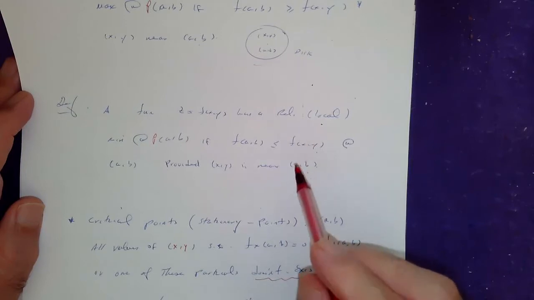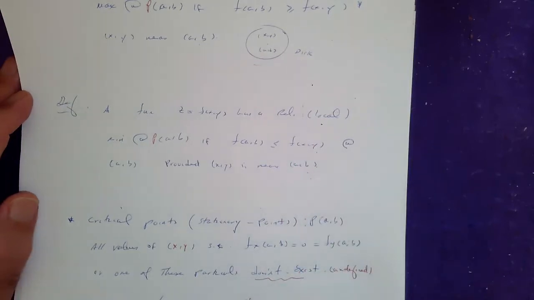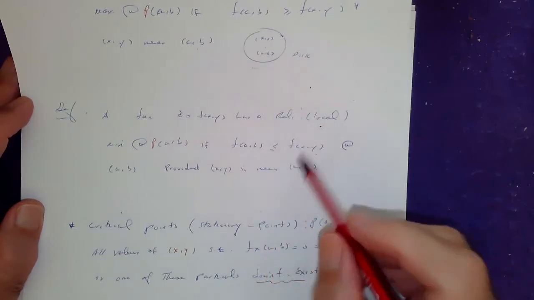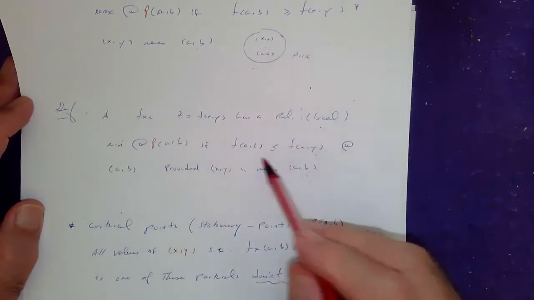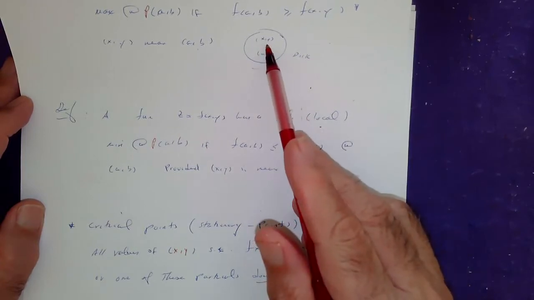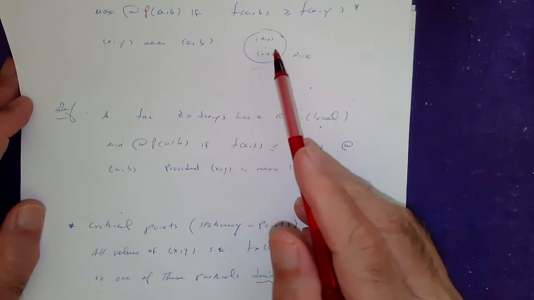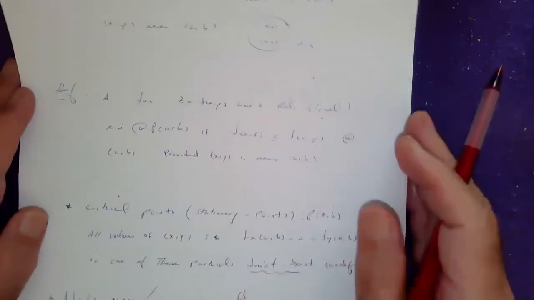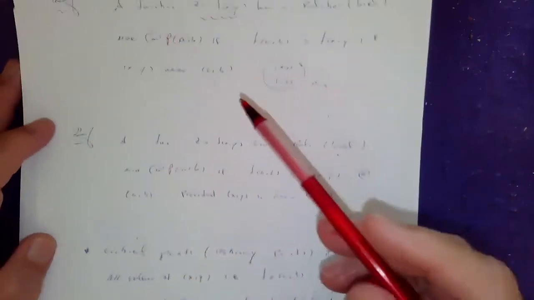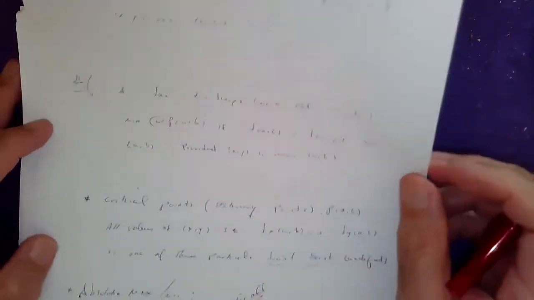In other words, you've got to find a disk with center at a, b, so that every other ordered pair in that disk near the point has to give a value greater than or equal to the value of the function at a, b. So that's a formal definition of relative maximum and minimum value of a function of two variables.